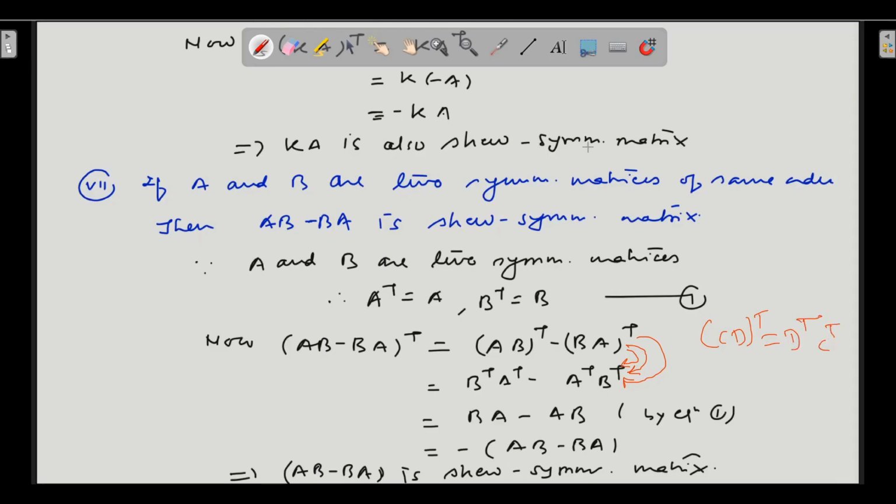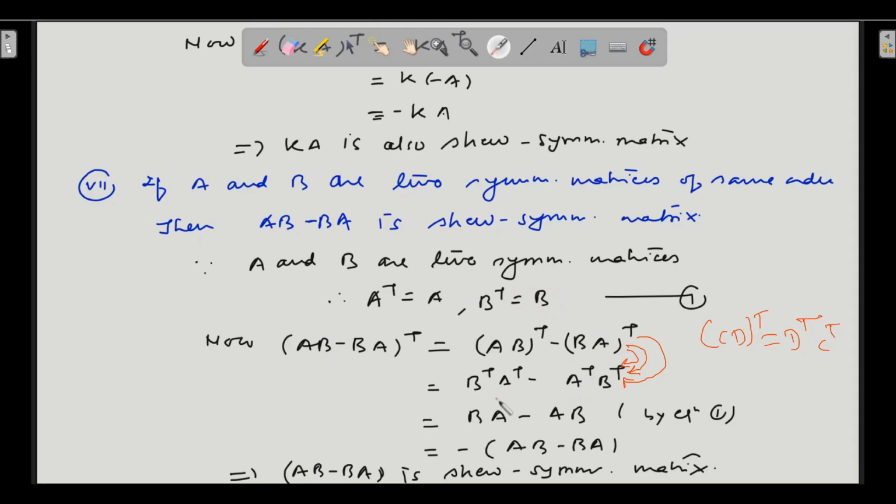So by using this property, AB complete transpose is equal to B transpose A transpose, which we had already learned, and BA complete transpose is equal to A transpose B transpose. Got it?